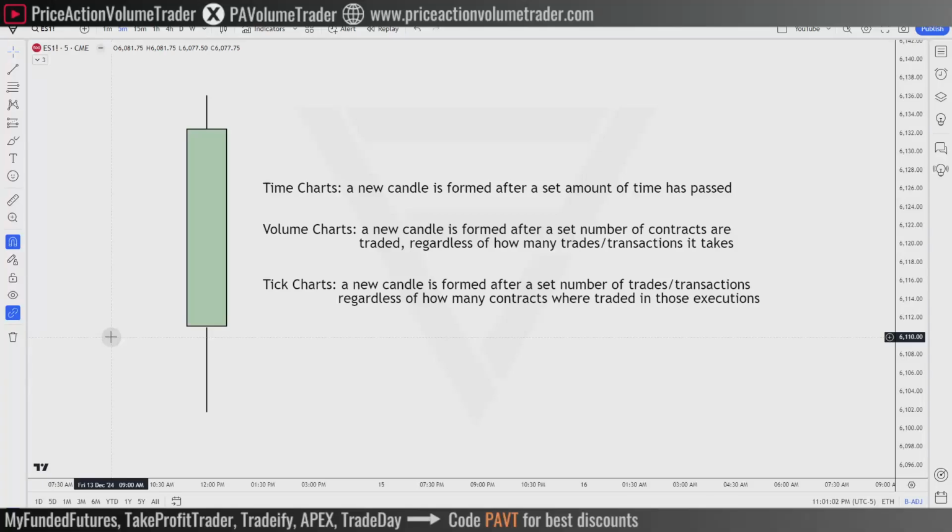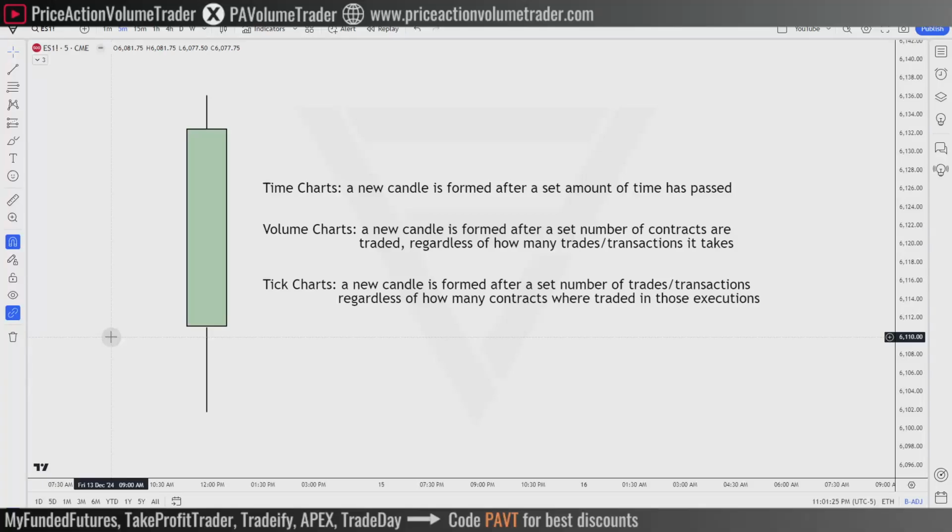So basically if we have a 1,000 volume chart, that means every 1,000 contracts that are transacted or traded, there is going to be a new candle or bar forming, regardless of how many trades or transactions it takes.